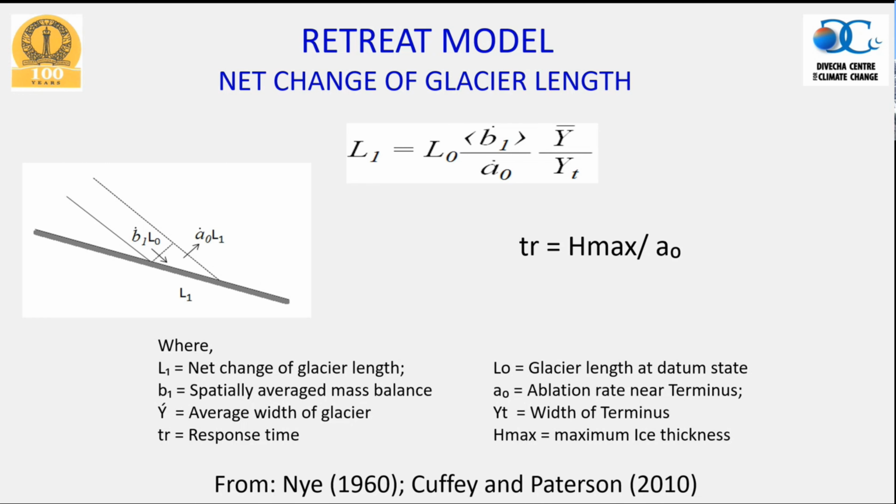If you apply this logic, small glaciers located at lower altitude will have small maximum thickness and maximum melt at the terminus. Therefore, they will have a very short response time. On top of that, big glaciers will have a very large response time.